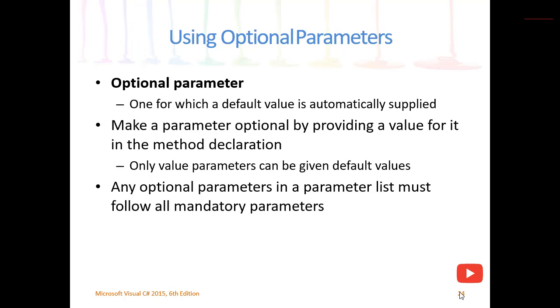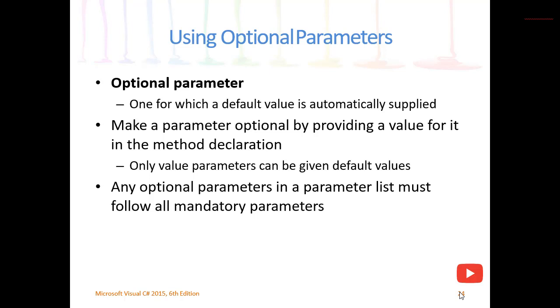So let's jump to optional parameters. Let's recap a little bit. In terms of parameters, so far we have seen one type, mandatory parameters. Within mandatory parameters, what were the four types we saw? Who can give me some names? Value parameter, reference parameter, and output parameter.